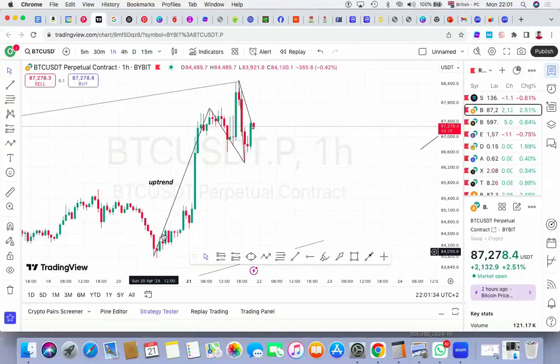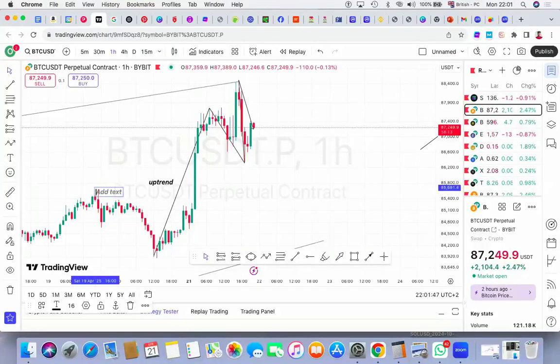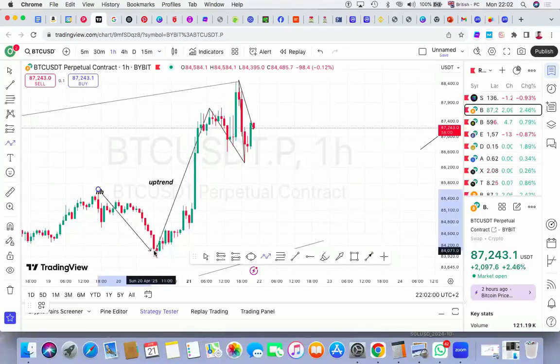There was an impulse move to the upside that created this higher high, and this high here. Then there was an impulse move to the downside here, and it broke this recent high. Market came back to this high again, rallied back up, and came back here.